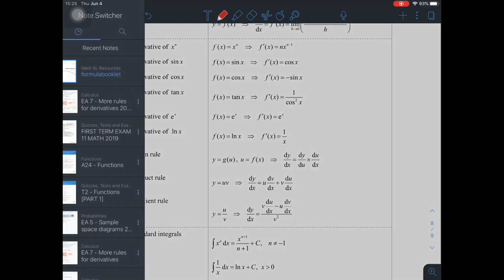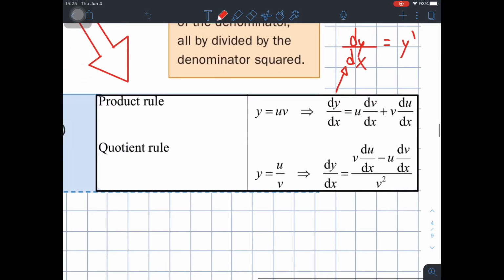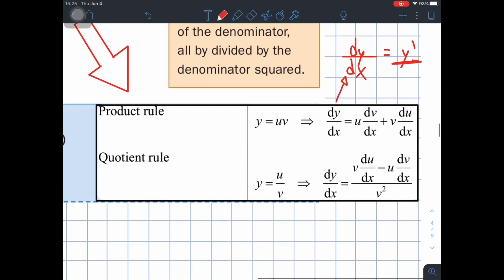Okay, so if we go back, let me show you how to read this formula. This is how you have it in the formula booklet, but you see it's basically the same. If a function y, which is f of x, for example, is written as u times v, then the derivative of y with respect to x, if you see this notation, dy over dx, this is basically the same as saying y prime, okay? So just remember that. So this is like saying y prime equals u times dv over dx.